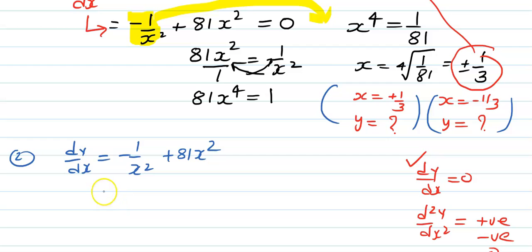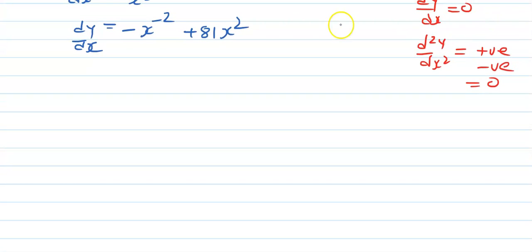Now just solve this. It will be minus x to the power minus 2 and plus 81x square. This is dy over dx. I have rearranged them. Now we need to differentiate again, so it will be d2y over dx2. How is it getting d2y over dx2?